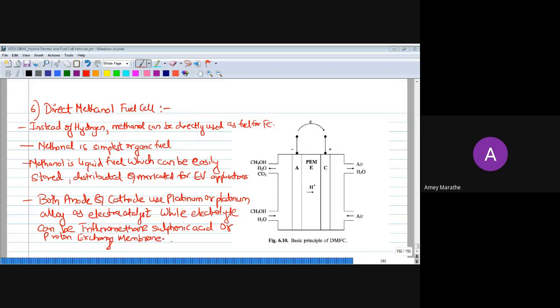So electrolytes can be of two forms: either trifluoromethane sulfonic acid, or proton exchange membrane.